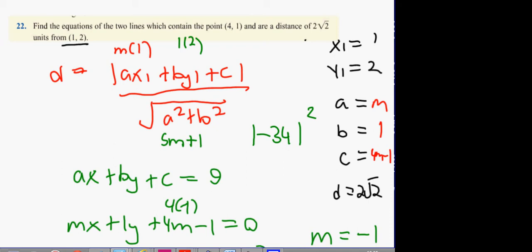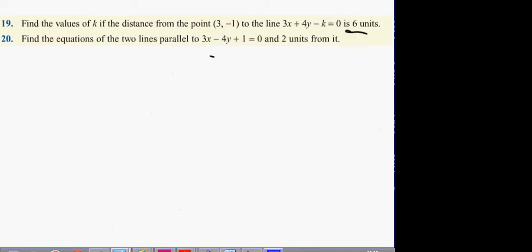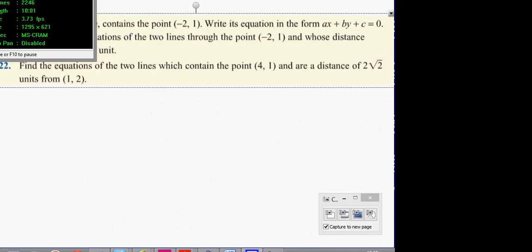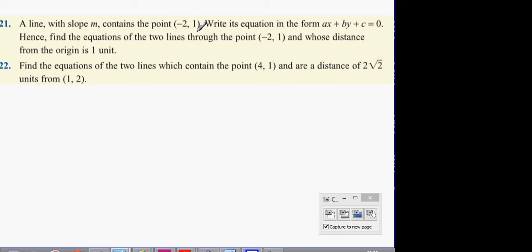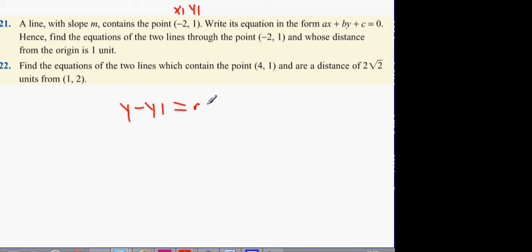So just pause it. Next one is a line with slope m contains the point (2, 1). Write its equation in the form ax plus by plus c. It has x1 and y1. The equation of the line is y minus y1 equals m bracket x minus x1.